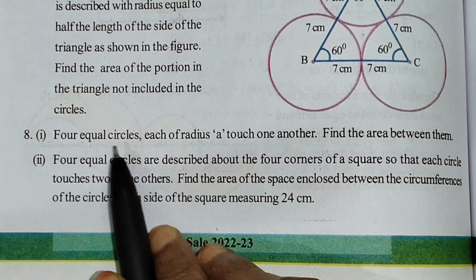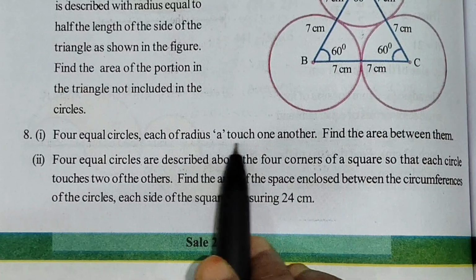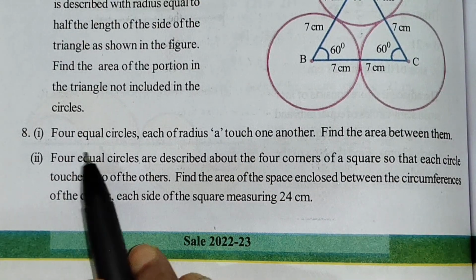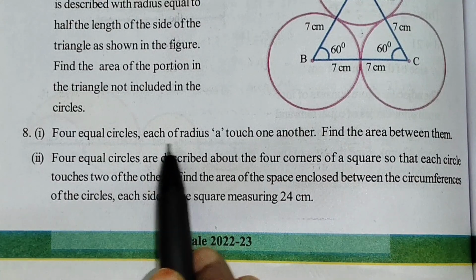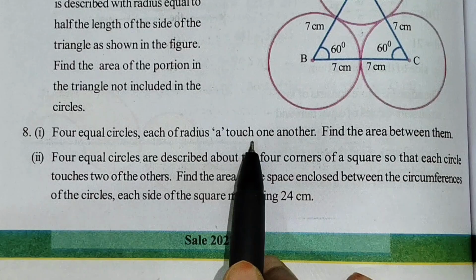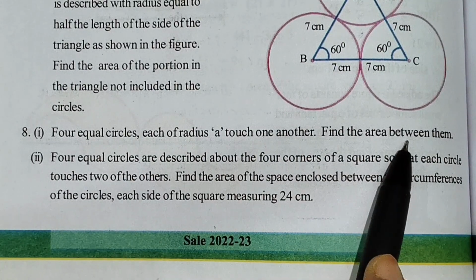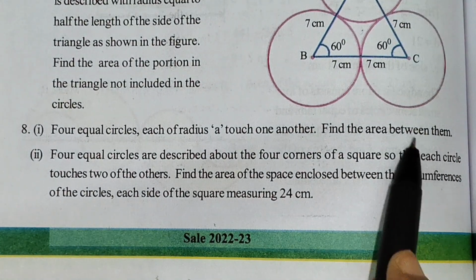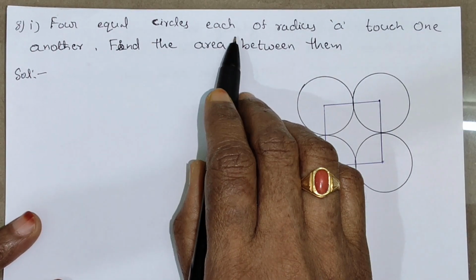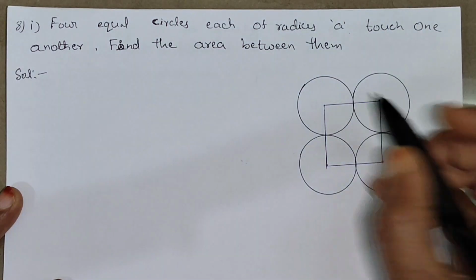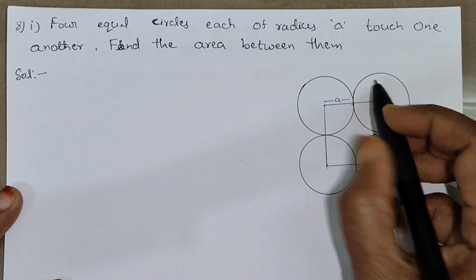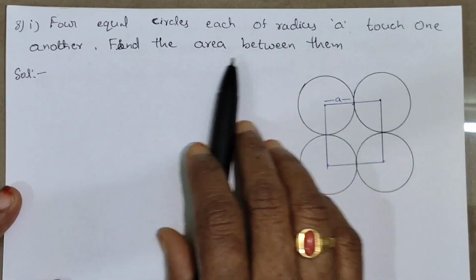Next, 8th question: 4 equal circles, each of radius a, touch one another. Find the area between them. So here 4 equal circles, each of radius a, touch one another, find the area between them.